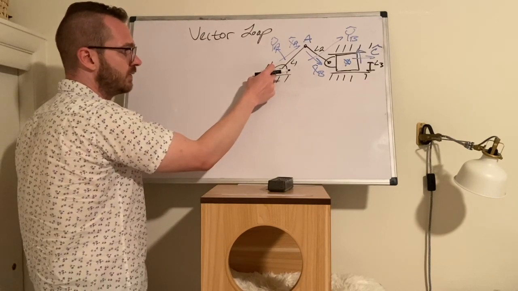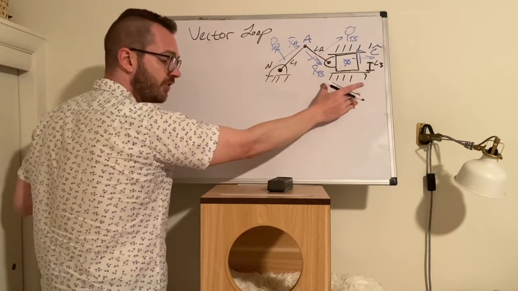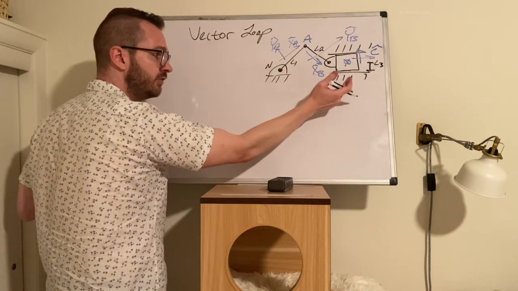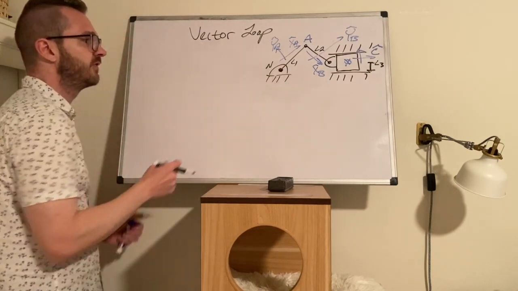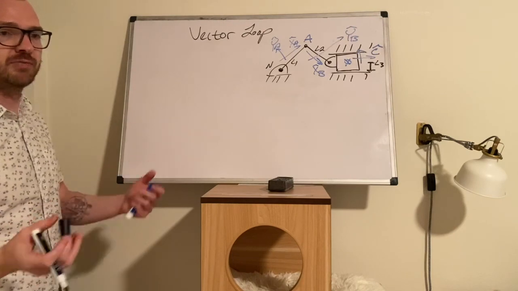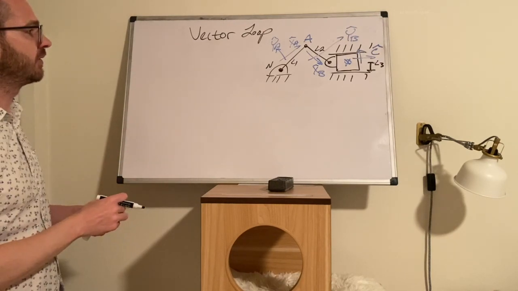In this problem, we're going to start at a grounded point, go to another grounded point, and then use the ground to come back to the original point. There are some exceptions to that, where you perhaps don't start at a ground at all, and I can very quickly give you an example of that later.